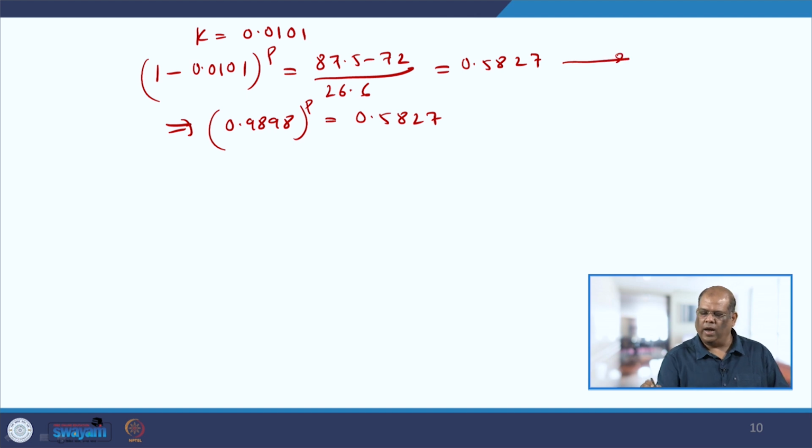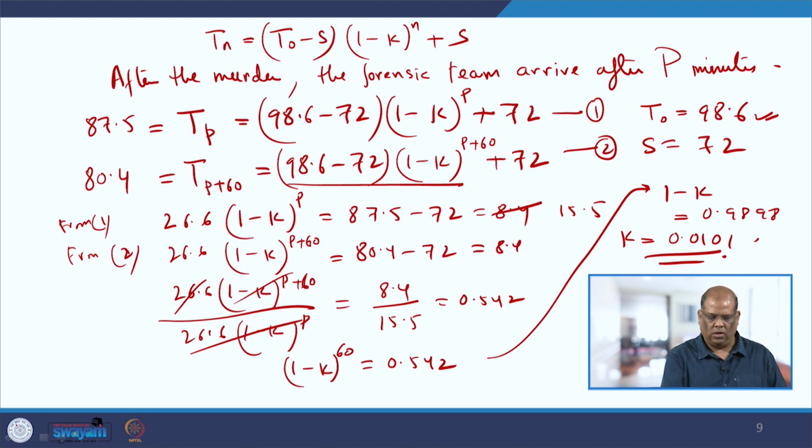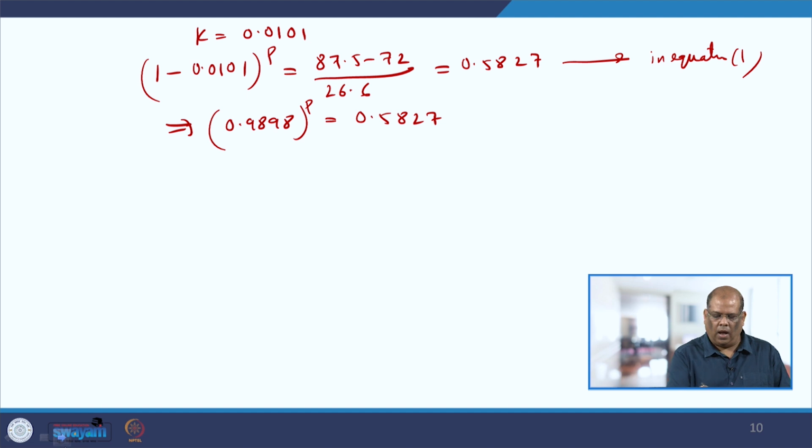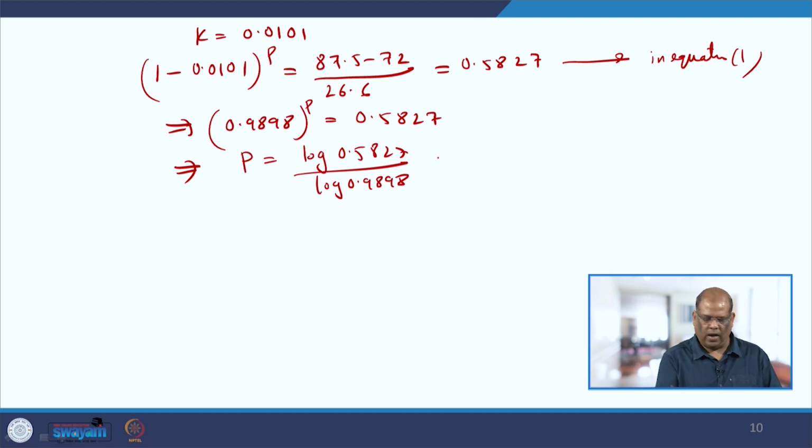This equation you get by substituting the value of k in equation 1. And you take log on both sides. So, you will get p equal to log of 0.5827 by log of 0.9898, and this value will approximately equal to 52 minutes.